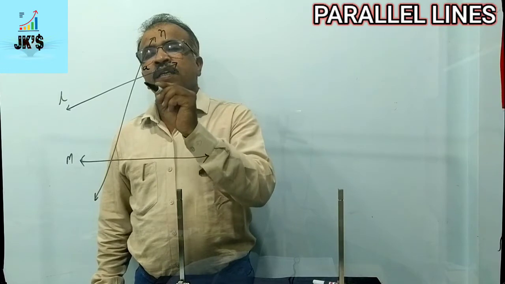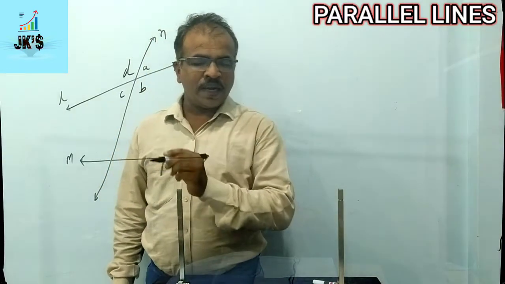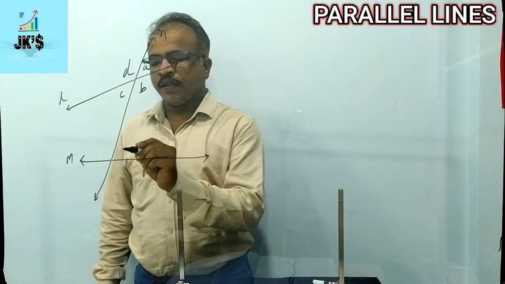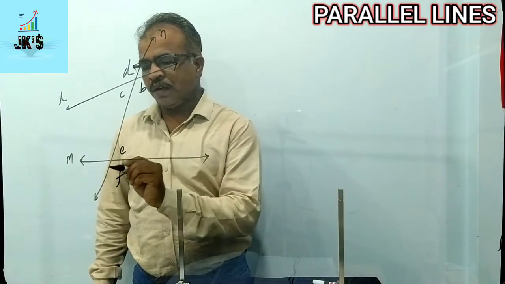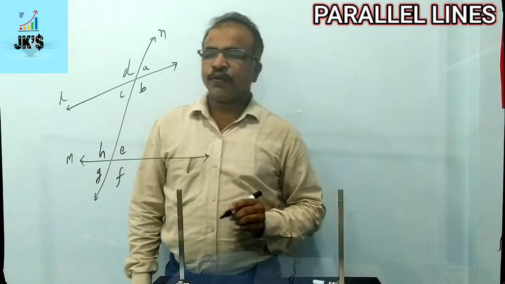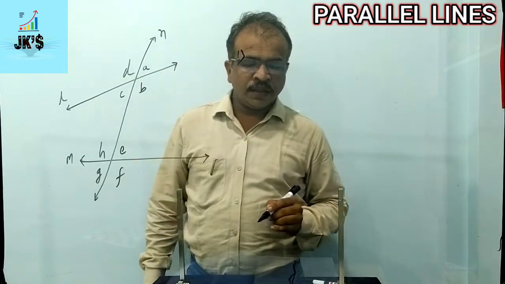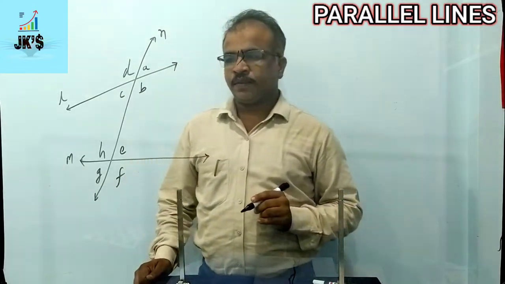Suppose that is A, B, C and D, and at the other point, E, F, G and H. So the first type is pairs of corresponding angles.